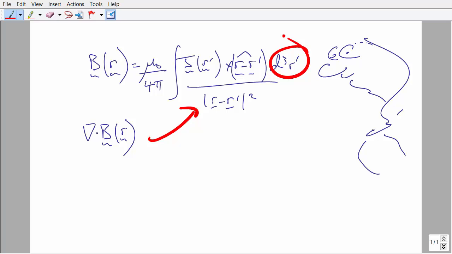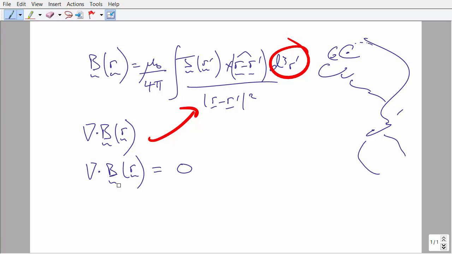You can pull the derivative inside that integral, and you can do some fairly uninstructive manipulations, and what you will find is that the divergence of the magnetic field is equal to 0. And this becomes one of our Maxwell equations. It is true whether we are dealing with magnetostatics or if we include time-dependent magnetic fields.